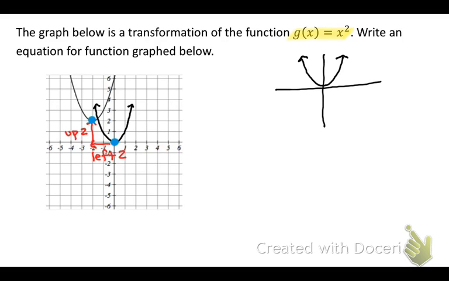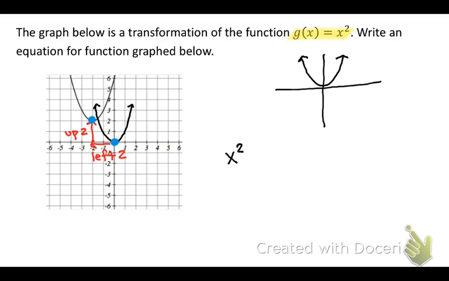So my original parent function is g of x equals x squared. And so I'm going to start with x squared. Now, if I think about moving x squared to the left 2, this is a horizontal shift. Left and right is horizontal.